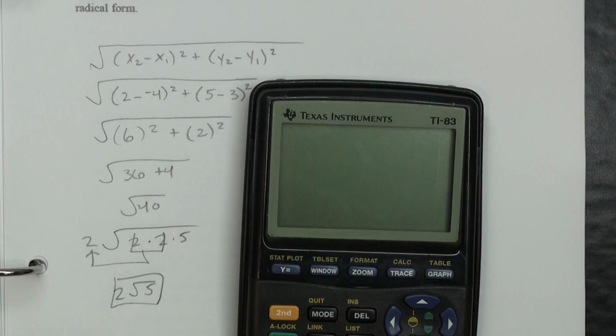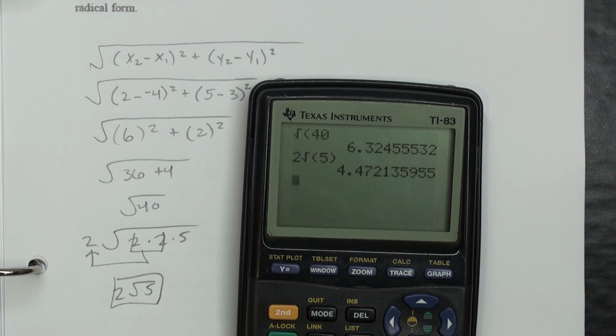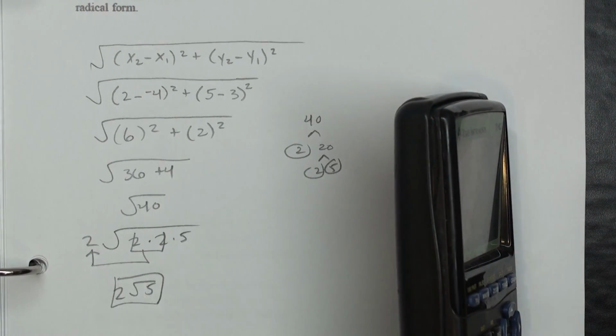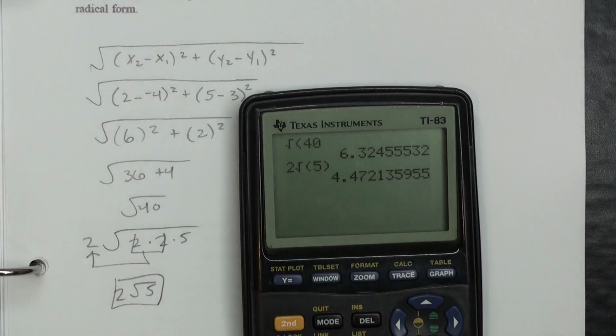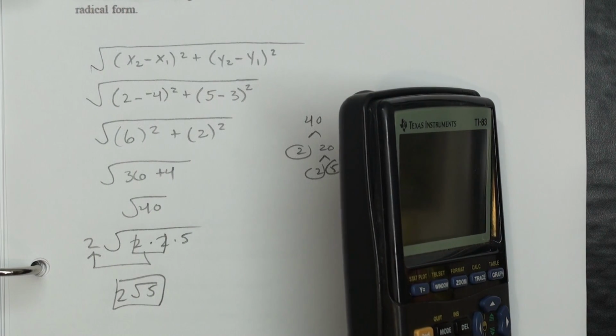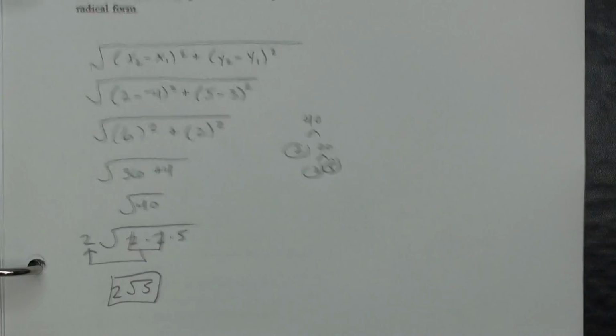Let's just check that again. Square root of 40, 2 square root of 5. See that? I made a mistake somewhere.